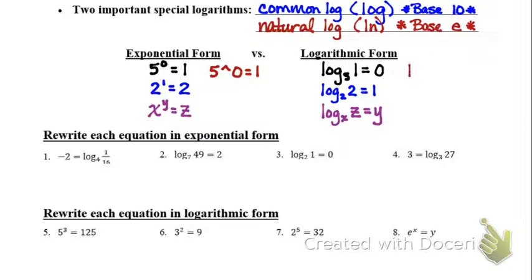In logarithmic form, you're going to write log, and to indicate that what comes next is the base, you're going to use an underscore, which is shift and then the dash key. And then you would put in your base. To make sure that that is separate from what the argument is, you're going to put the argument inside parentheses. So when you put it in Canvas, the argument has to go inside parentheses.